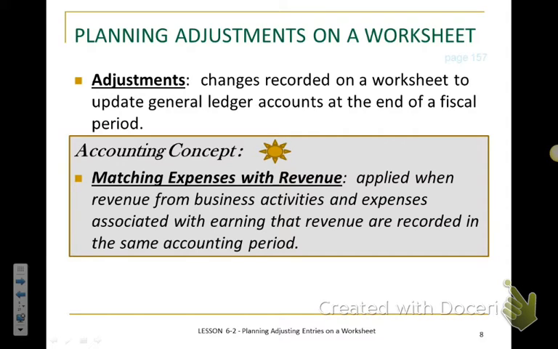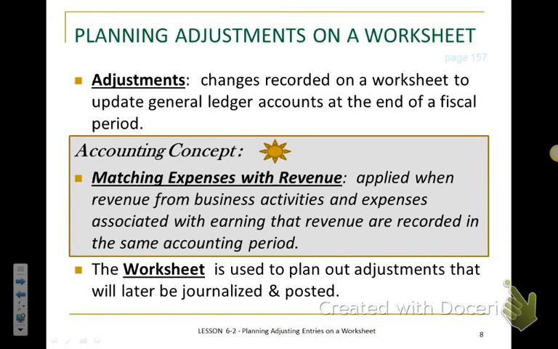And so we use this accounting concept called matching of expenses with revenue to help us to do that. And that's what we're doing when we apply this adjusting entry process to adjust those expenses for that fiscal period that we're operating in. So the worksheet is used to help us plan out those adjustments.